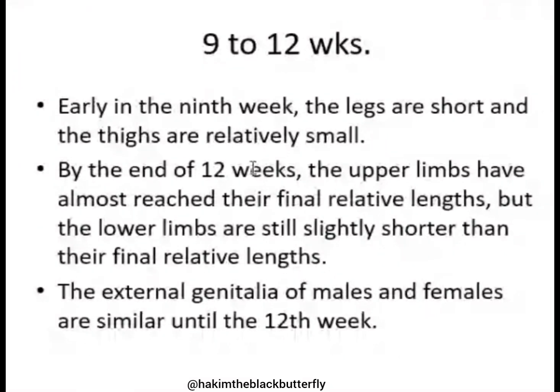But by week 12, the upper limbs will have reached their final relative length. Not their final length, but relative proportional length. But the lower limbs will be slightly shorter. They wouldn't have reached their relative length. So the upper limbs reach their relative length earlier, between week 9 up to week 12. But the lower limbs, when you look at them in this period, their relative length is not yet achieved.